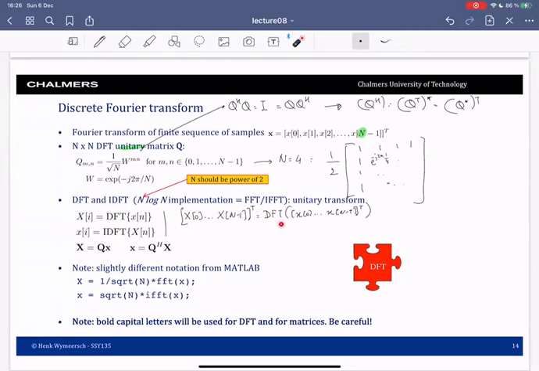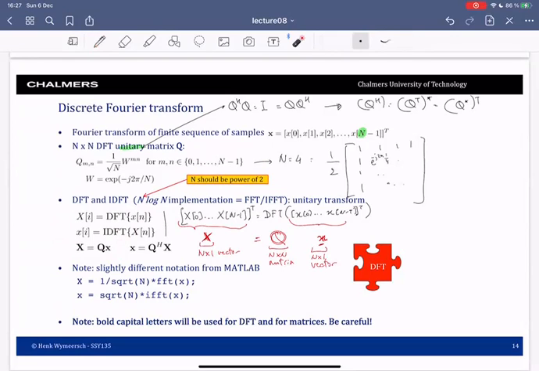Now the DFT is actually a linear operator, so you can write it in this notation here. Again, the notation is confusing. Here, this is a vector, and I call this big X in bold, and this is a vector, and I call this small x in bold, and their relation is just multiplication with the matrix Q. You should be careful: this is an n by 1 vector, this is an n by n matrix, and this is an n by 1 vector.